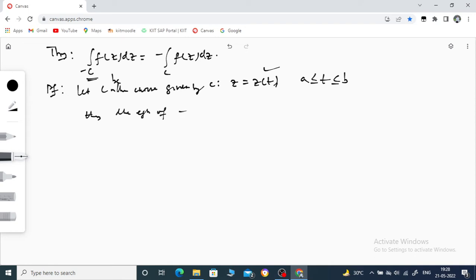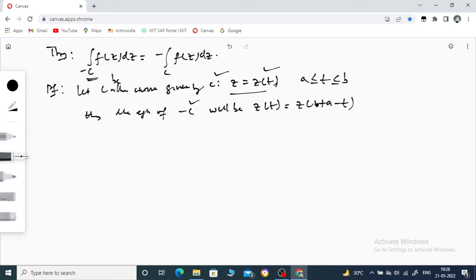the equation of minus c will be, if the equation of c is this one, then the equation of minus c will be z of t is equal to z of b plus a minus t. Okay, so c means this is a curve, and minus c is just the negative curve.